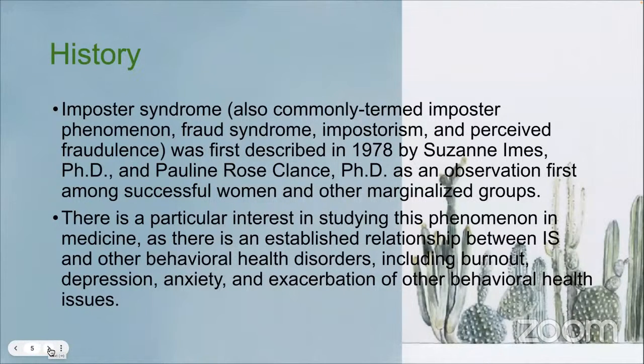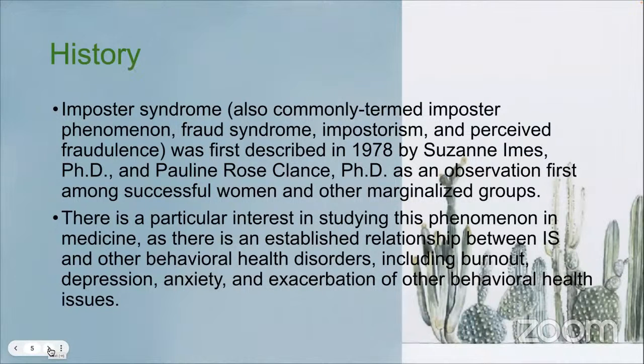The history. Imposter syndrome, also imposter phenomenon or fraud syndrome, impostorism, and perceived fraudulence, was first described in the 70s, in 1978, by Suzanne Imes and Pauline Rose Clance. It was an observation among successful women and other marginalized groups.